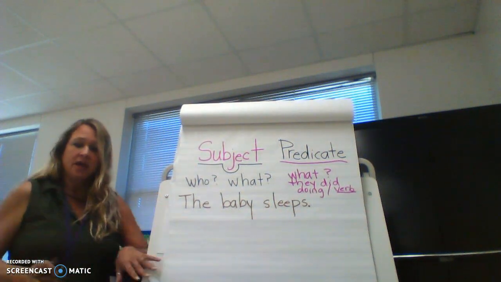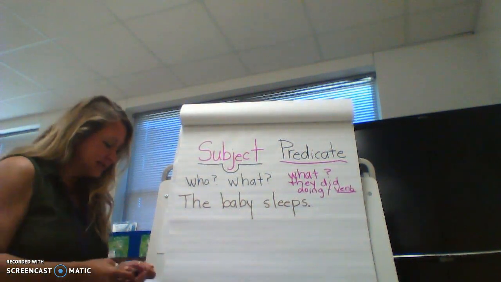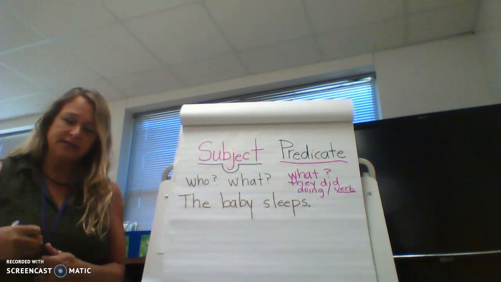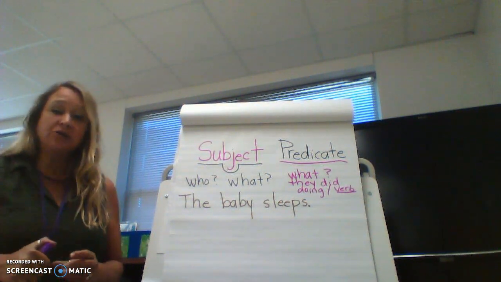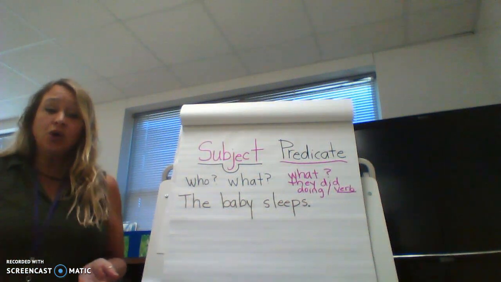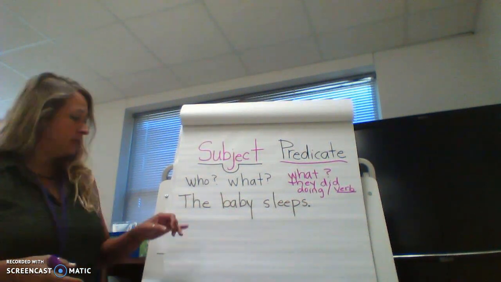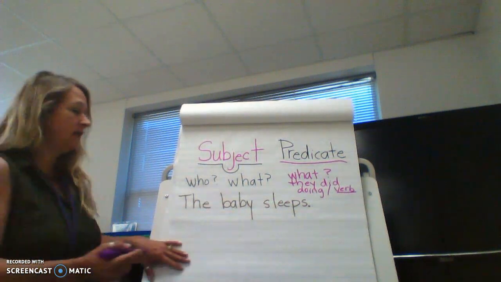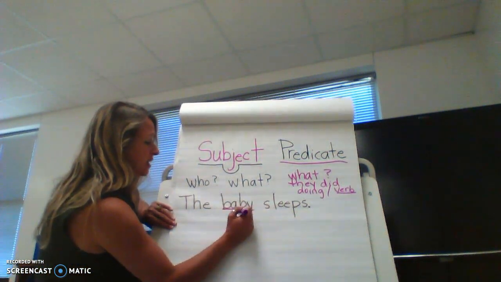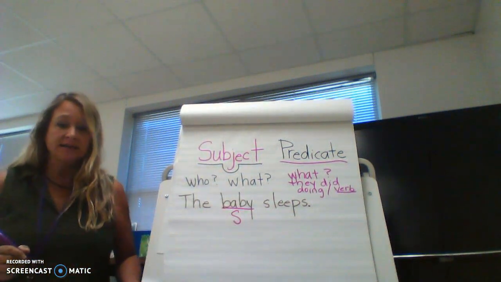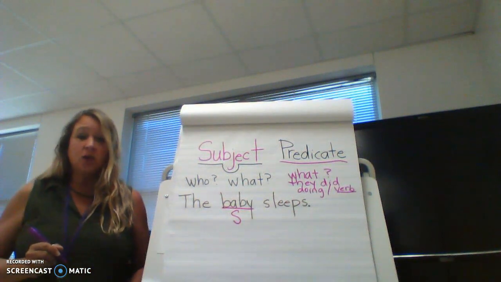Okay? To find out if this is a complete sentence, I need to find the subject and the predicate. So the subject is who. Who did something? So the baby. The baby is the subject. So I'm going to write a big S underneath of that baby for subject.